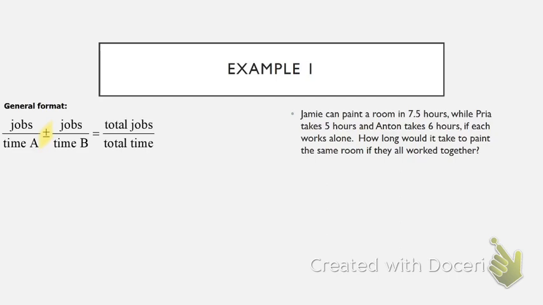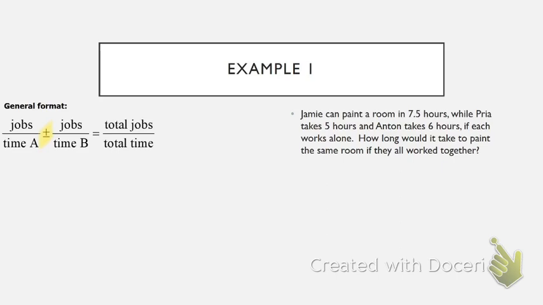If the individuals are working together to complete a task, we're going to add our rates together. If they are working against each other, we will actually be subtracting the rates, because one person will be completing the job while the other person is erasing their work, basically. We'll see one of those at the end.